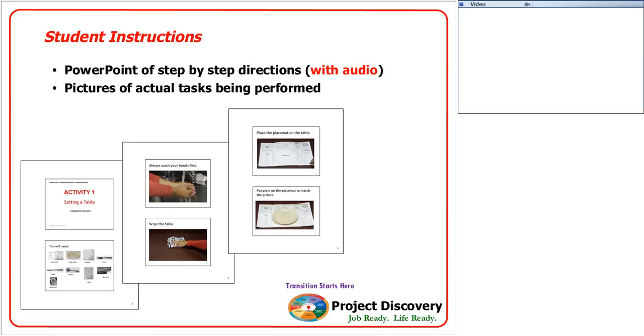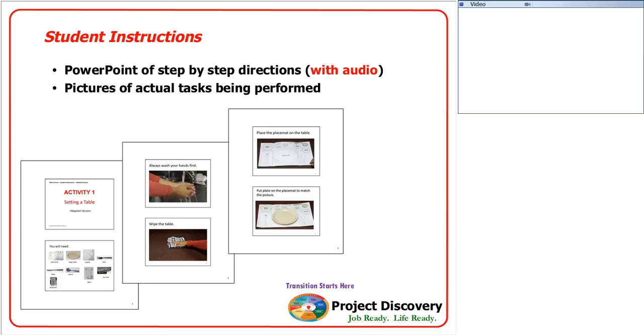So the student instructions are also on a PowerPoint. You just show it to the students as activity 1, setting a table. It tells them what they're going to need. So those are the items that they will need to get. And then it goes through the series of steps in the same order that the video model and in a very similar order to the data sheet.